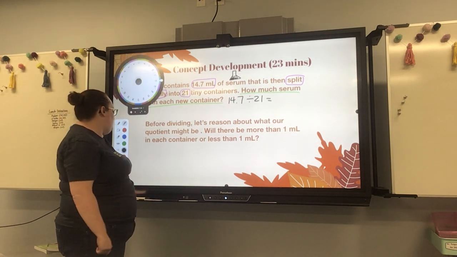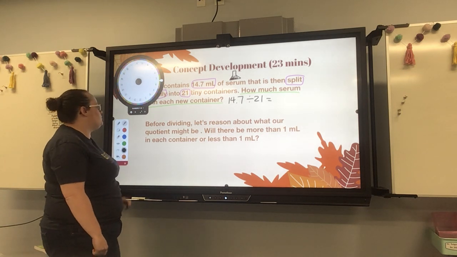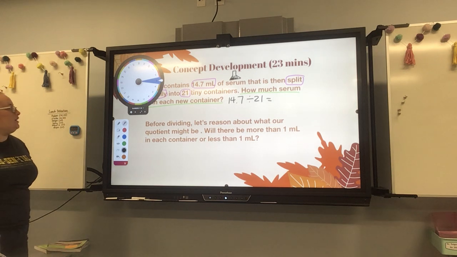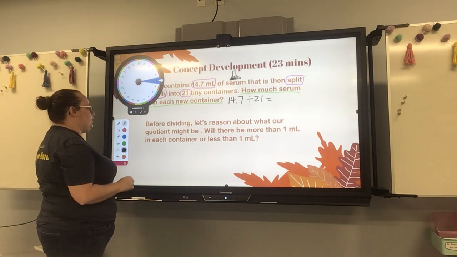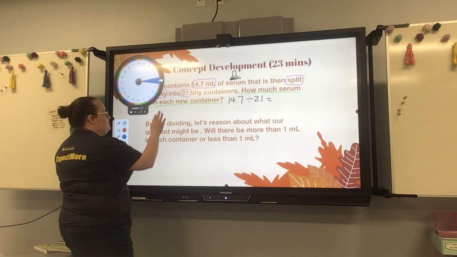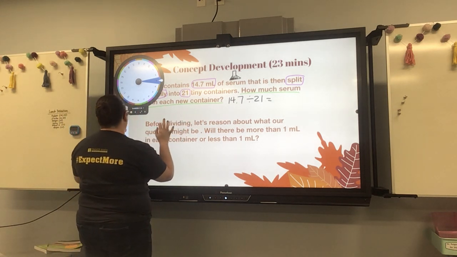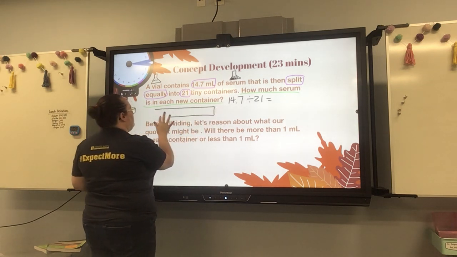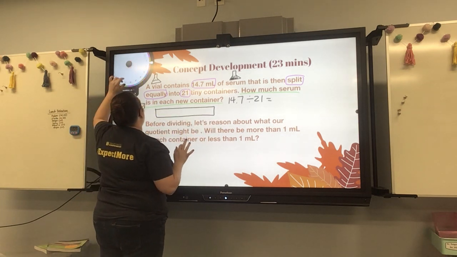What type of picture could I draw for this one? A strip diagram. Very good. How many boxes would I have in my strip diagram?